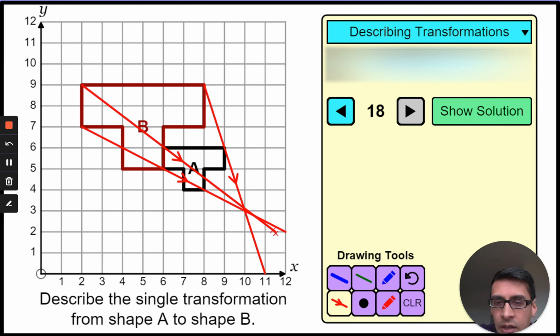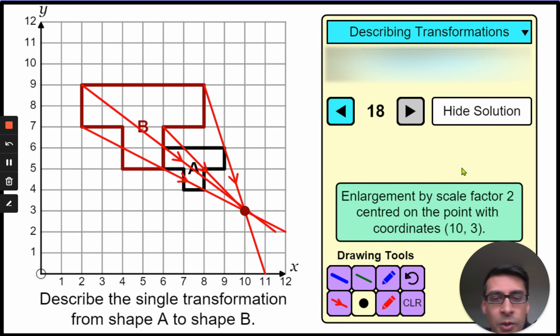It's looking like we found our center of enlargement. Now if we're going from A to B, you can see the shape B is twice as big because the side length 1 becomes side length 2. So scale factor 2, center of enlargement 10, 3.